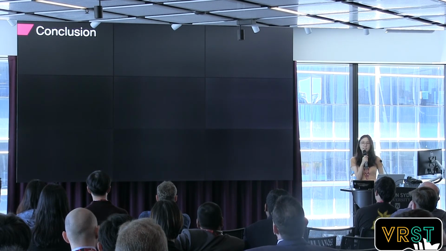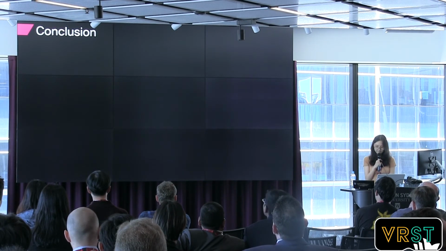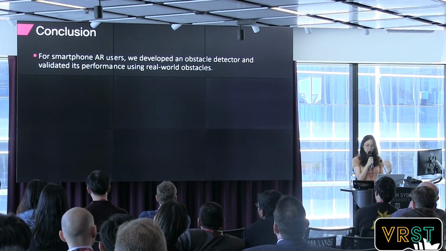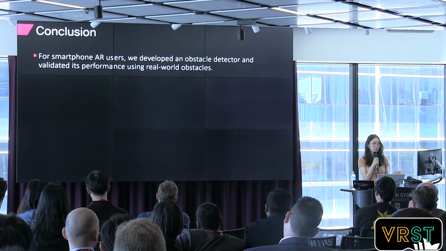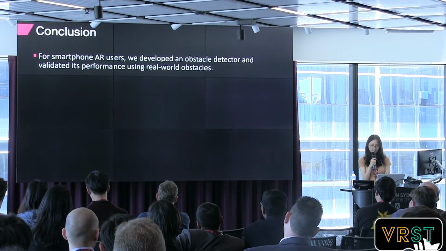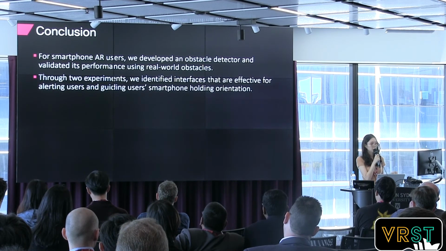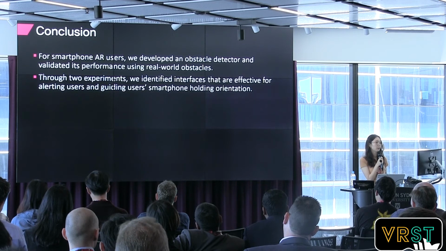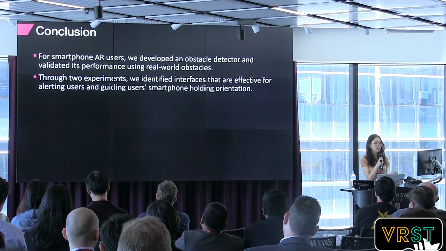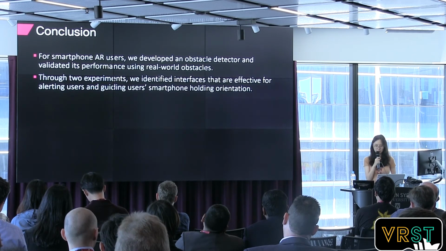Finally, let me summarize and conclude the presentation. So we developed an obstacle detector for smartphone AR users and validated its performance using real-world daily obstacles. And through 2 experiments, we identified interfaces that are effective for alerting users and guiding users to hold their smartphones in a specific desired orientation.